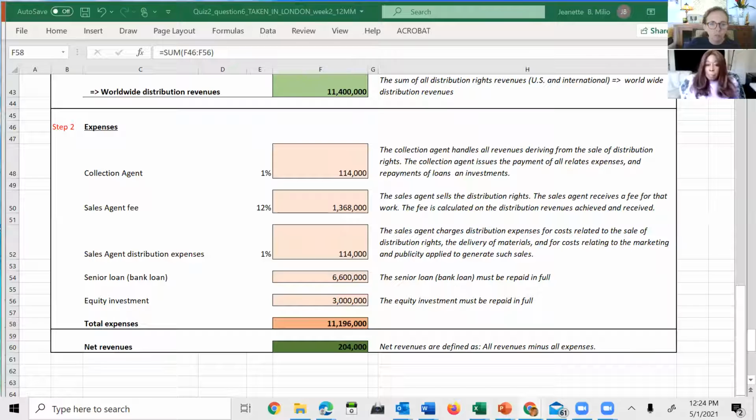Oh, there is no case study in quiz 3, looks like. It only has 5 questions. All right, so there's nothing there. So let's go to quiz 4.